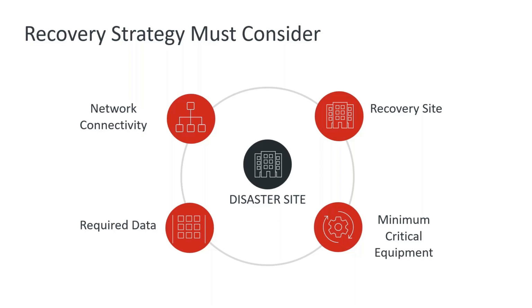And then also from a network connectivity standpoint, where are my users coming in from? Are they coming over the internet? Is it a case where I have a corporate site, but in the case of disaster, people may be at home? This is something we've seen over the last few months with COVID, where large groups of people have gone home to work.